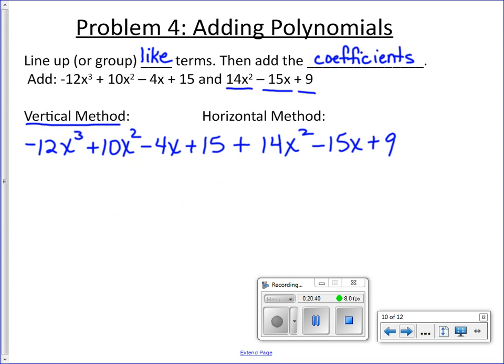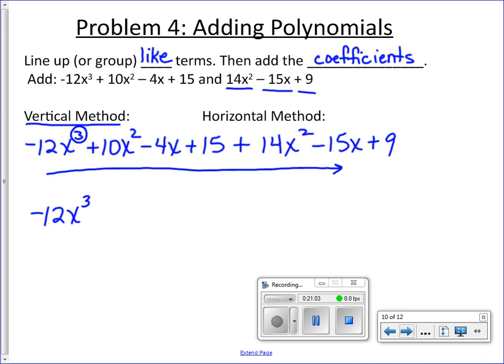And here's the way that this one works. I look through my polynomial that I'm adding together, and I look for the highest power. And my highest power is the 3. And I don't see any other exponents of 3. So in my answer, I'm going to have a minus 12x cubed.